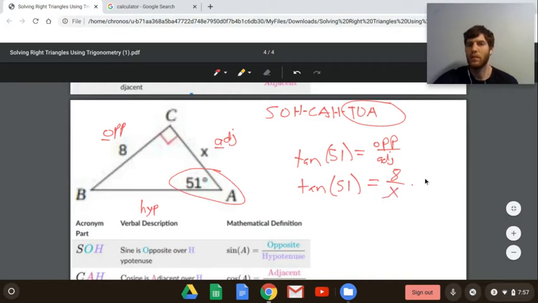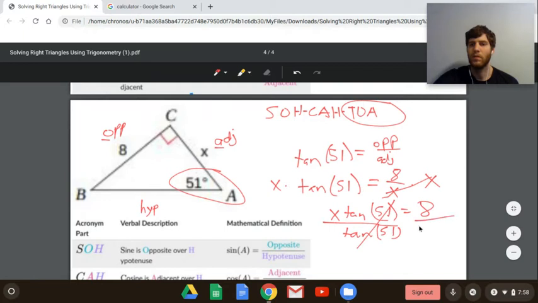Right? And then we want to get x by itself, so we multiply both sides by x. So x times tangent 51 equals 8, and then you want to divide by the tangent of 51 on both sides. So that cancels.